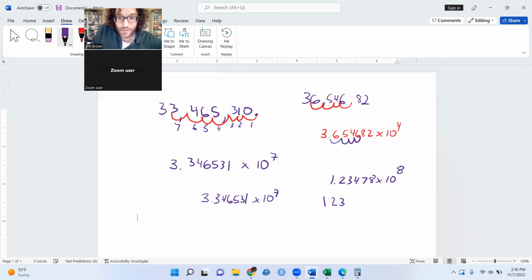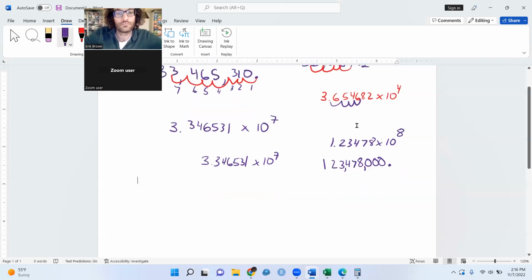So I got 1, 2, 3, 4, 5, 6, 7, 8. Yeah, okay. I got that. Cool. And then the flip is if it's negative, you're moving it to the right. All right. Cool. All right, that helps for sure. Excellent. Great work.